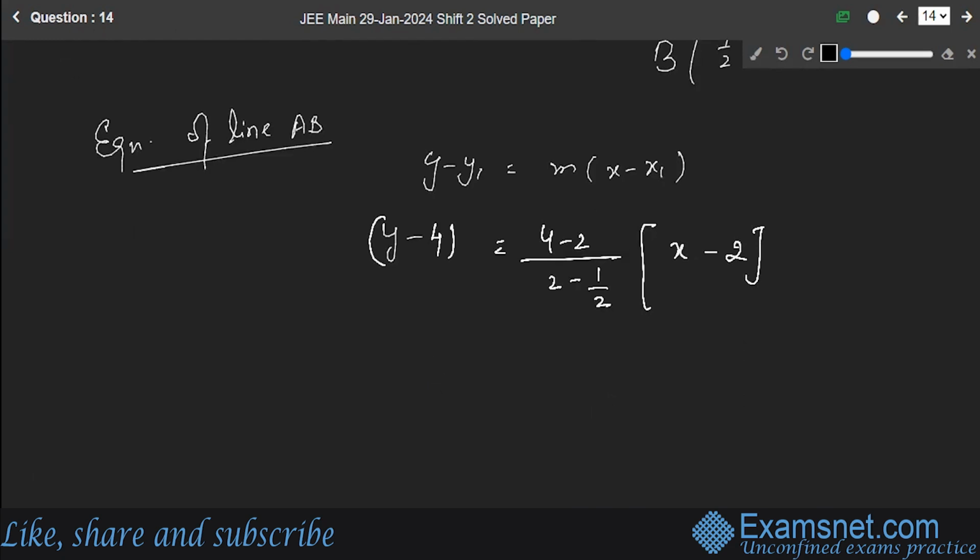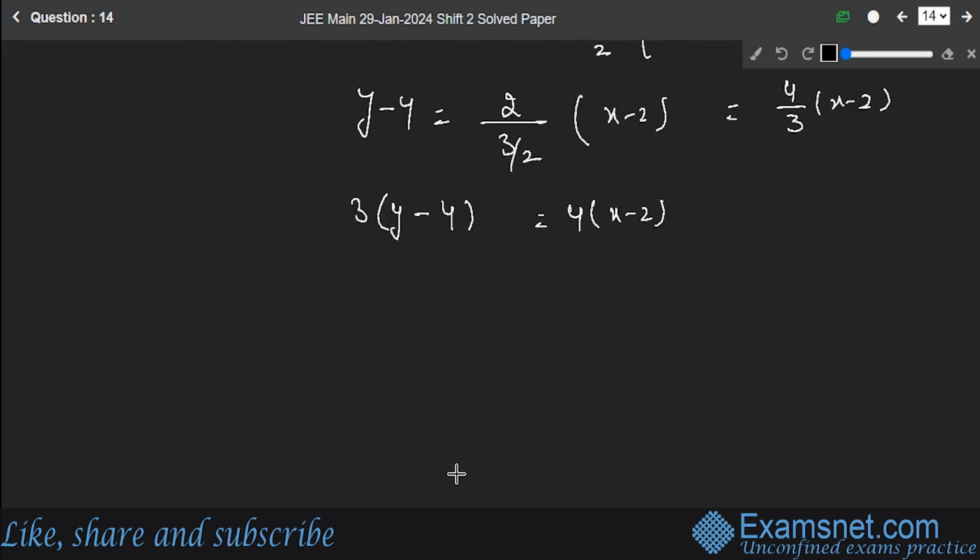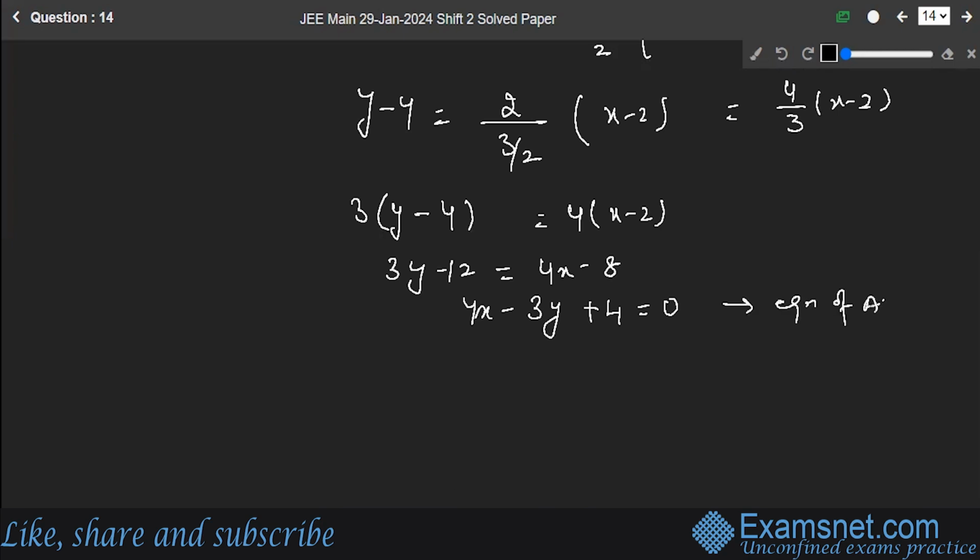This is equation y minus 4 is equal to 2 upon 3 by 2, x minus 2, which is equal to 4 by 3, x minus 2, or you will have y minus 4 into 3 is equal to 4 into x minus 2. So 3y minus 12 is 4x minus 8, you have 4x minus 3y plus 4 is equal to 0. This is the equation of AB.